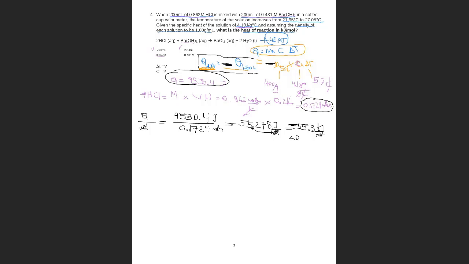Okay, so is that heat of the system or is it the heat of the surroundings? No surroundings. It's all our system. Our system is all inside the calorimeter. So basically there is a chemical reaction inside the calorimeter, transferring all that heat into the solution. Our system is the calorimeter.